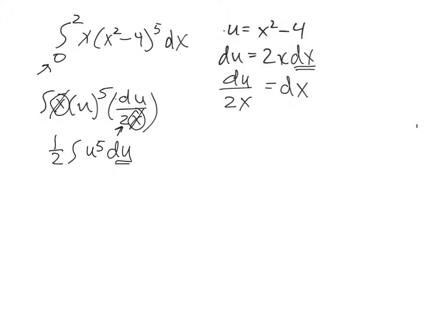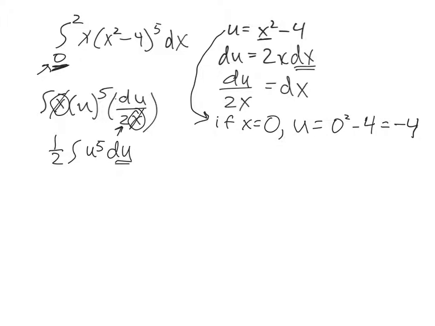This would be our second slight difference from our first time through. If x equals 0, then what is u? Well, if x equals 0, x squared minus 4, we would have negative 4 as our lower limit in terms of u.